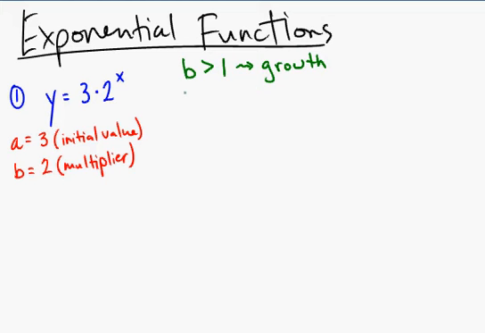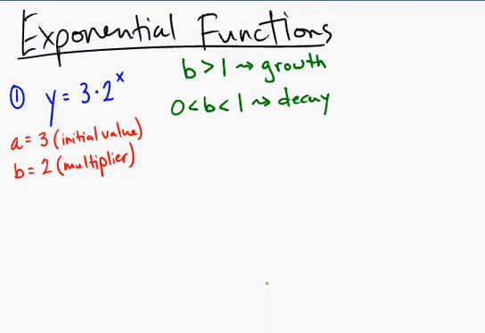Decay is this. If the b is greater than 0, but less than 1, that's decay. In these questions, you will not see one where the b is negative. So there's only 2 options for the b.